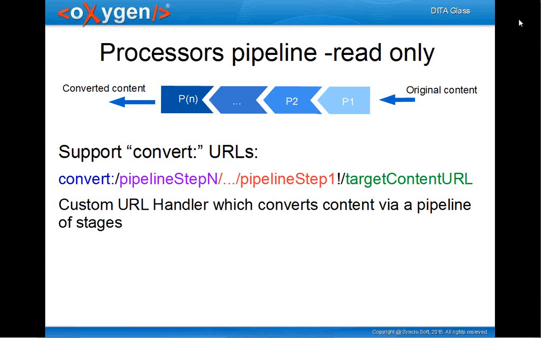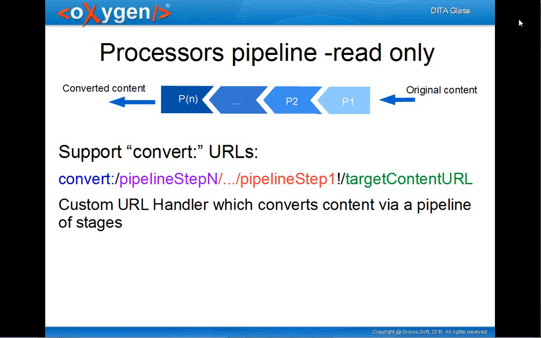So a pipeline would have modules which will be connected one to the other, and each module will be capable of obtaining some content and converting it to something else. For example, to obtain Excel and convert it to XML, or to obtain XML and convert it to DITA, and so on.